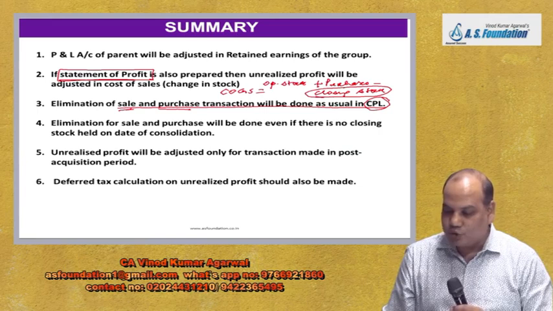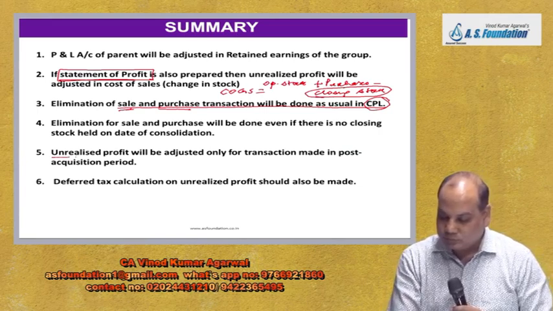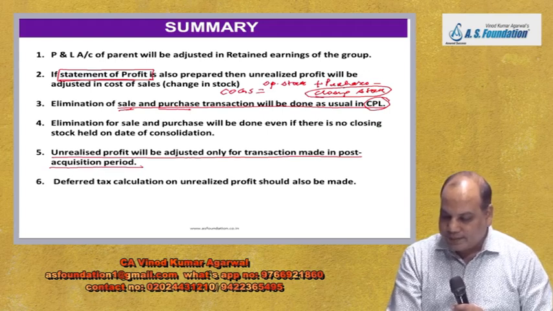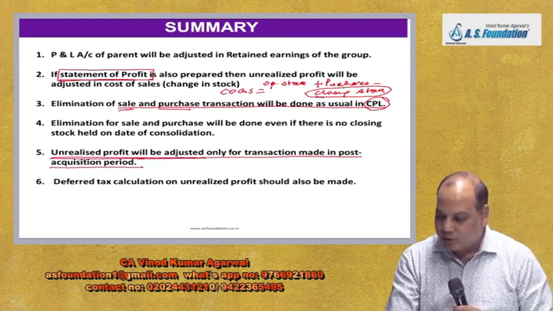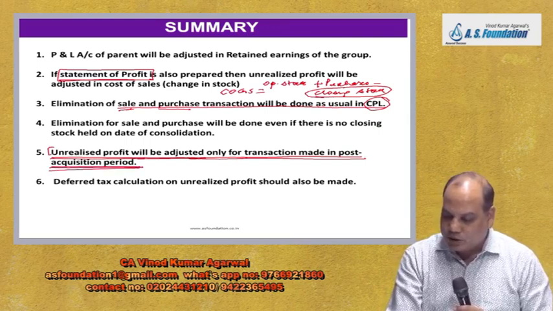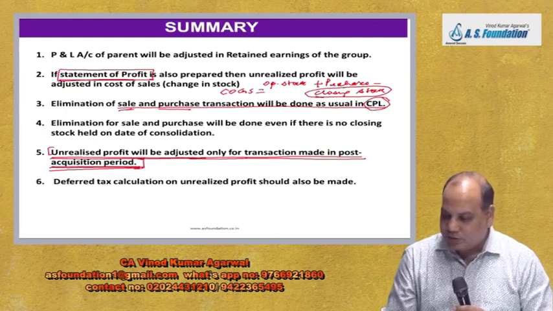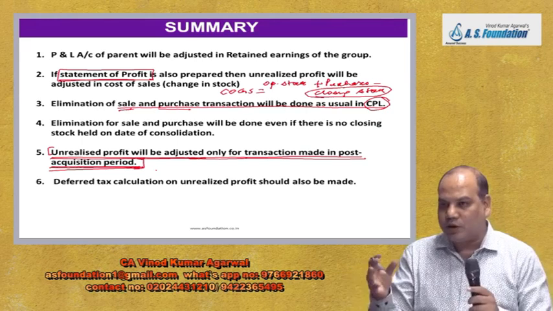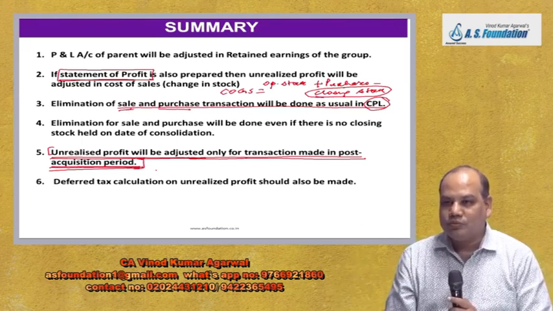Unrealized profit will be adjusted only for transaction made in post acquisition period. So what we will do, unrealized profit will be eliminated only for transaction made in the post acquisition period, because the control was acquired from this date of acquisition. And normally also most of the inventories are sold close to year ending date.